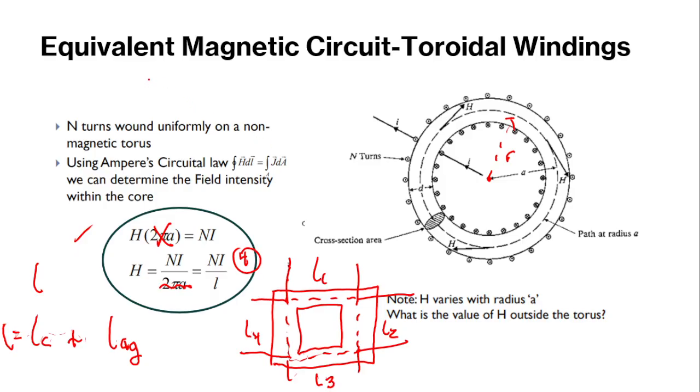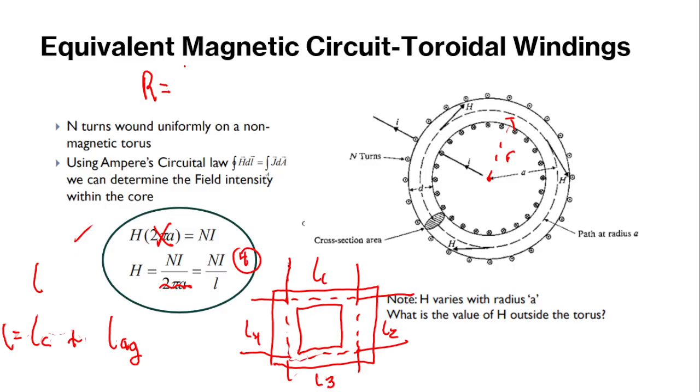Remember the equation for reluctance. There are multiple equations, but I want the main equation for reluctance, not any derived equations.